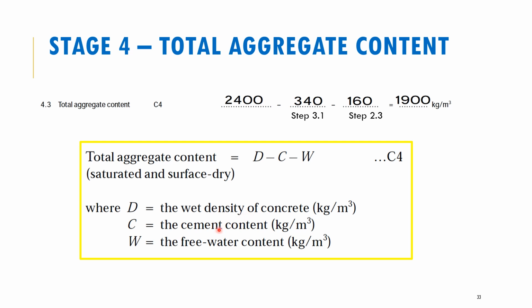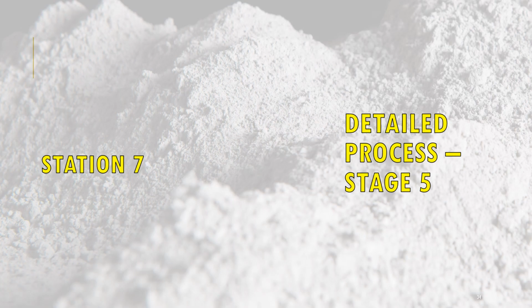Your cement content, that's what we got from step 3.1. And your free water content, that's what we obtained from step 2.3. If we plug in the numbers, it's 1,900. That's your total aggregate content. So step 3 of stage 4 is now complete, and that actually concludes stage 4. In stage 4, we calculated the total aggregate content.